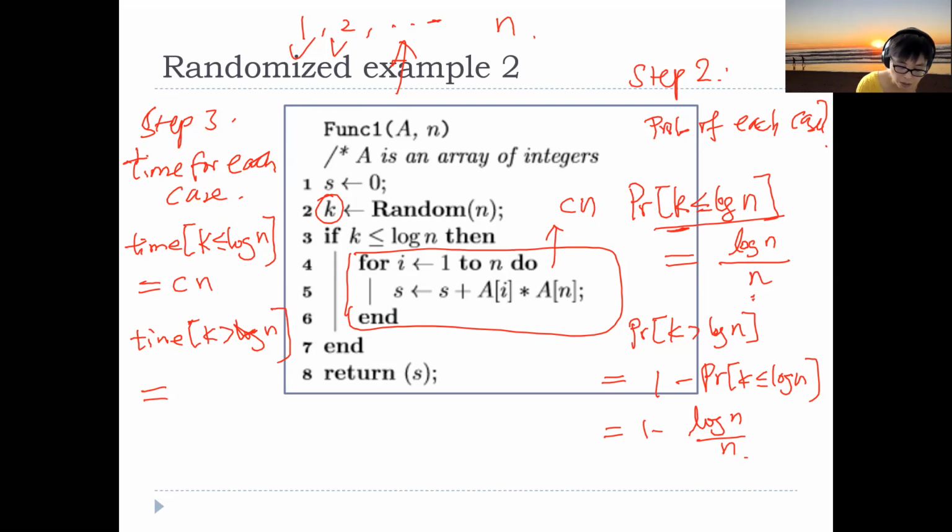Okay, so this is just a constant c prime. Okay, so that's what we have. So now we're ready to get the final expected running time.